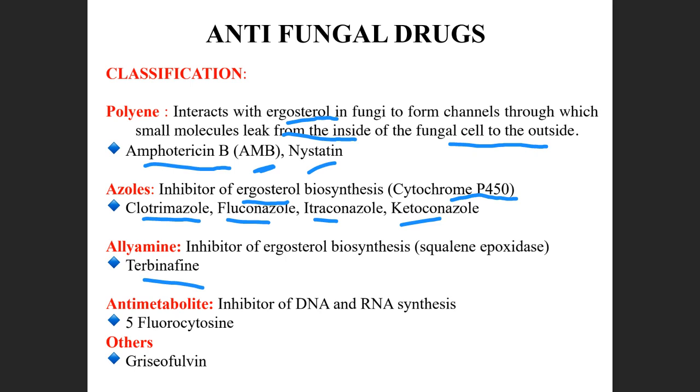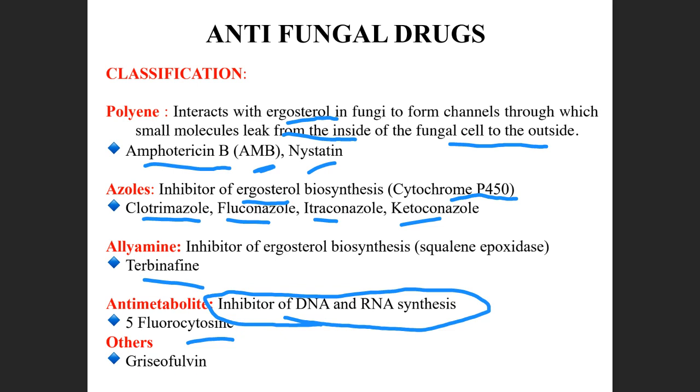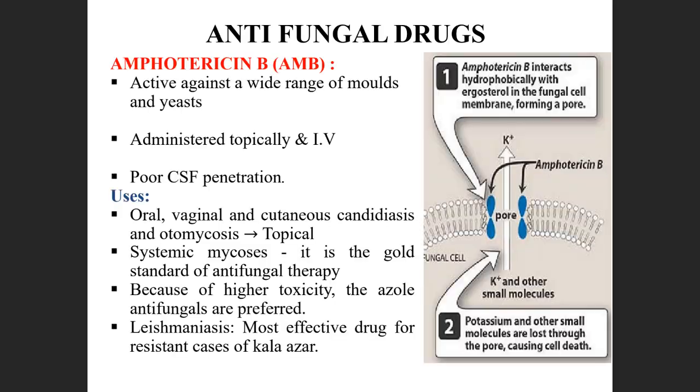An antimetabolite drug that affects the DNA and RNA synthesis of the fungus is 5-fluorocytosine. And another is griseofulvin. And how do these antifungal drugs act? Amphotericin B is a more widely used drug in the case of fungal infection.